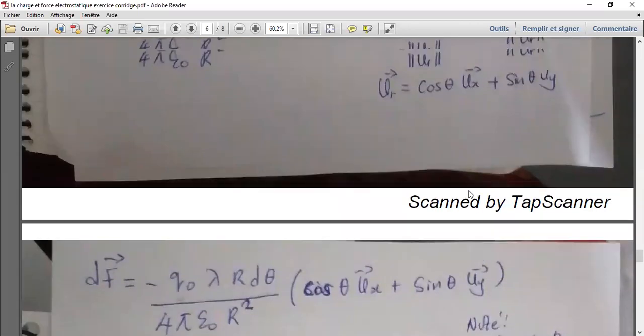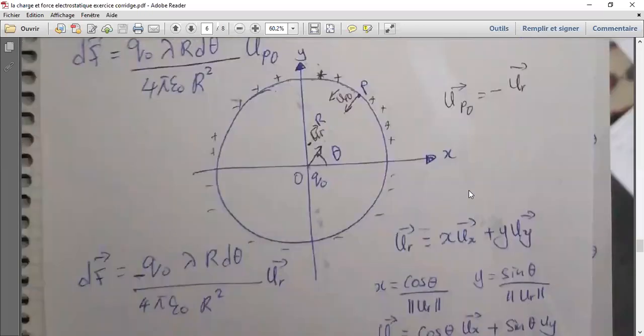So why are we using the vectors UX and UY? Because here they've given me Y and X, so I'm dealing with my X and Y plane.